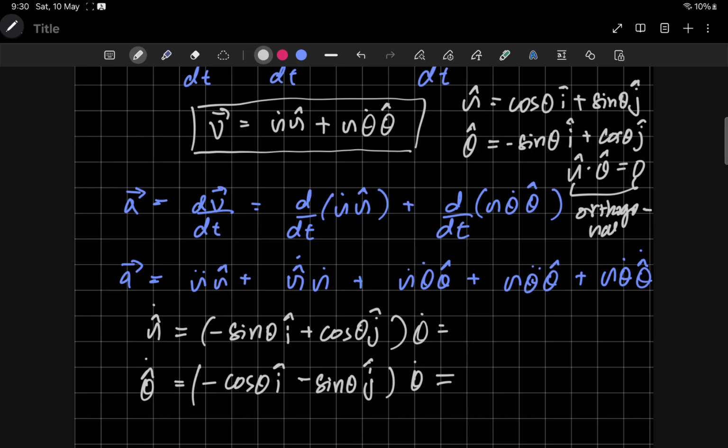So I can further represent these as r cap dot equals theta dot theta cap, and theta cap dot equals minus theta dot r cap. You can verify these once again.